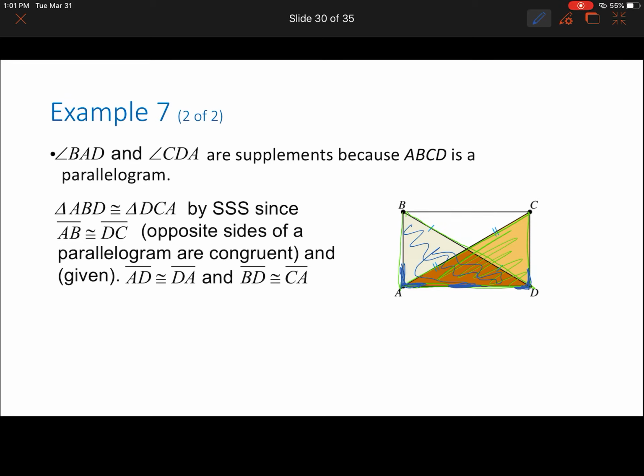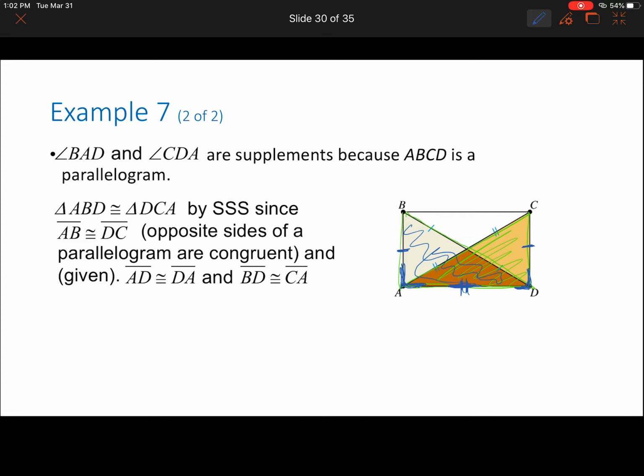And so triangle ABD, the one on the left, the one I've marked in blue, and the other one have to be congruent because of side. Again, they share a side here. Their diagonals are congruent. That was given to us, right? And then BD and CA, so that's the two diagonals, they're congruent.